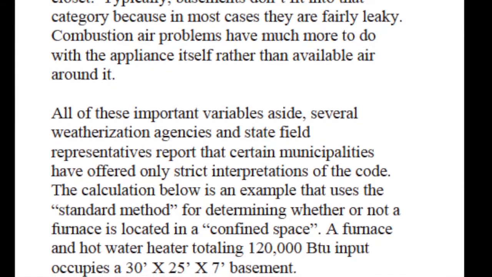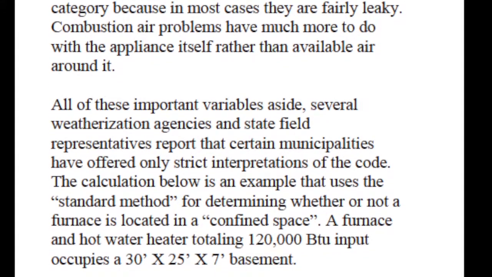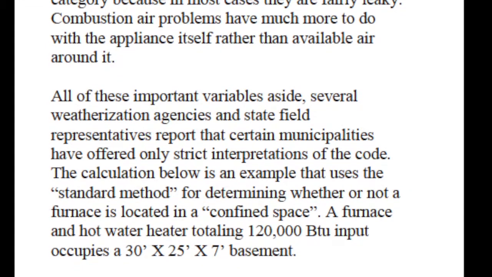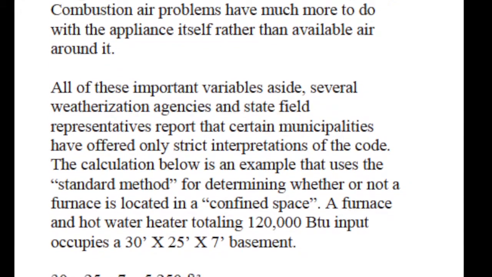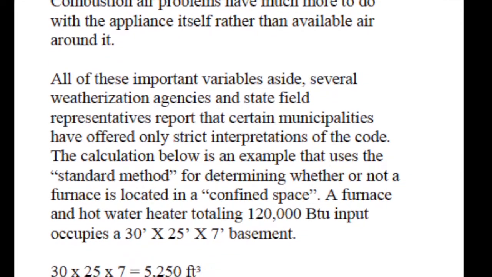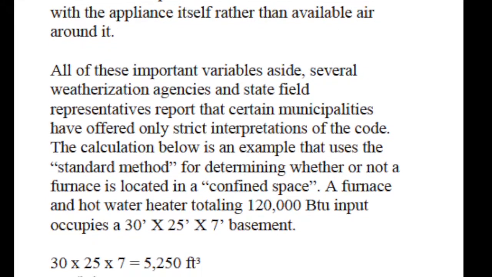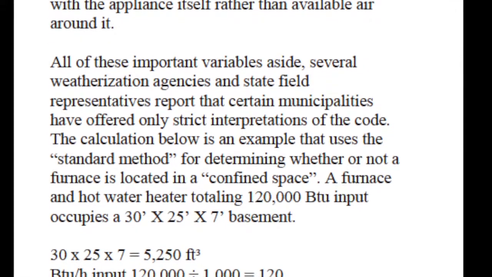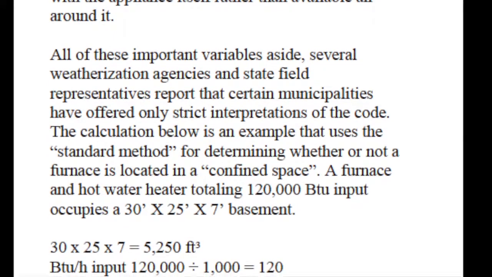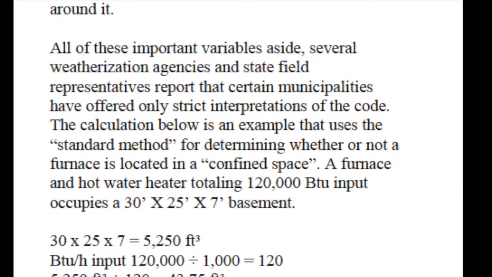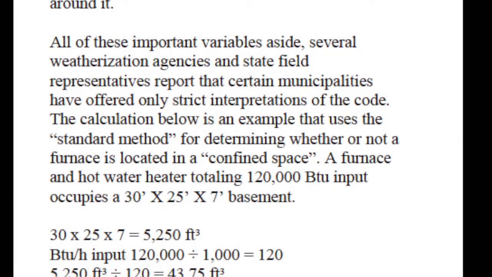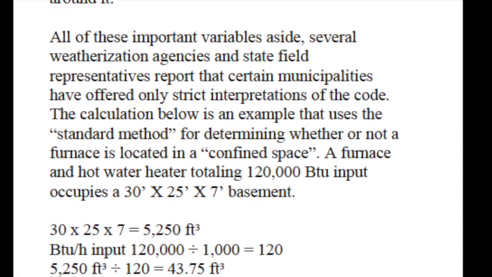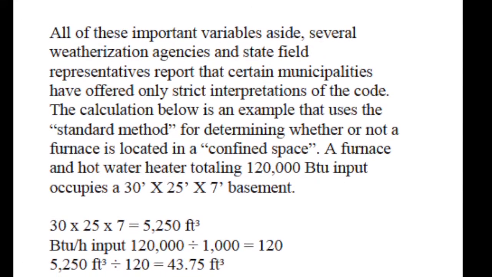The calculation below is an example that uses the standard method for determining whether or not a furnace is located in a confined space. A furnace and hot water heater totaling 120,000 BTU input occupies a 30 feet wide times 25 feet in length times 7 foot height ceiling room, which equals 5,250 square feet.